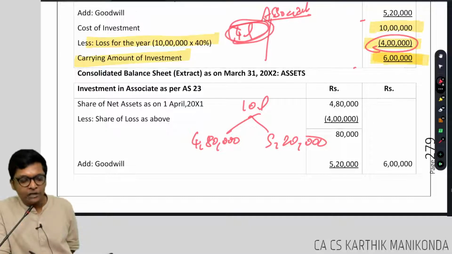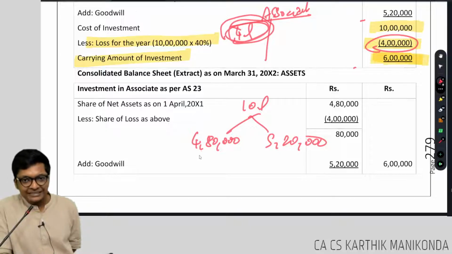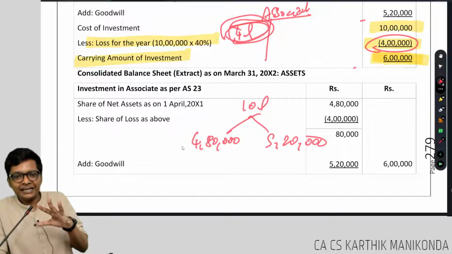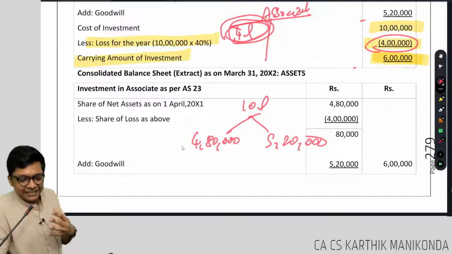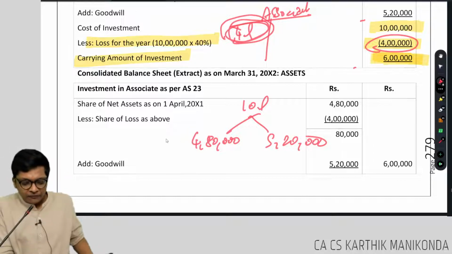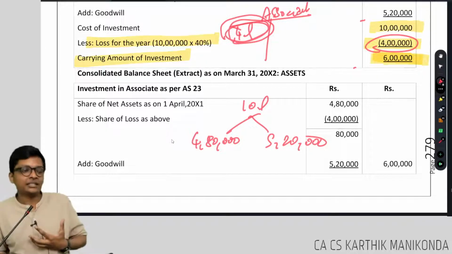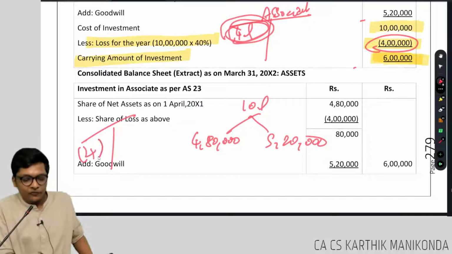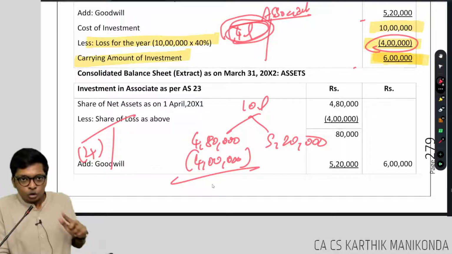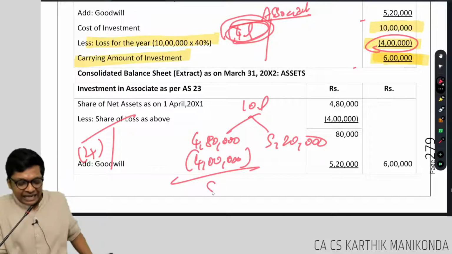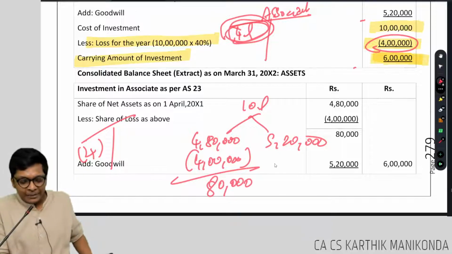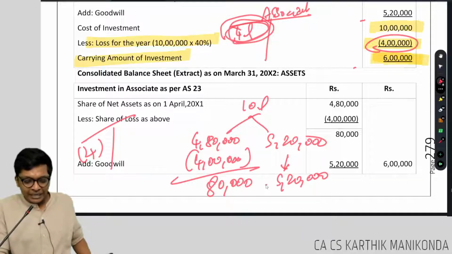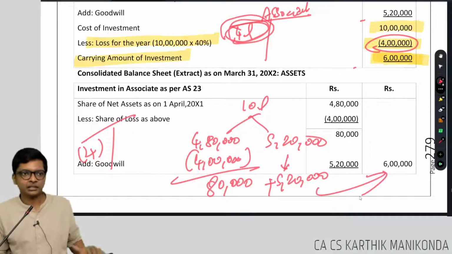That means he is saying for presentation, in reality goodwill will reduce, but for presentation purpose, net assets reduced. Associate's net asset became negative 4 lakhs. So from this he is reducing 4 lakhs and saying, today if I sell the assets, I will get only 80,000, but I can get a goodwill of 5 lakh 20 if company has a brand value. 80 plus 5 lakh 20, 6 lakhs. Are you following?